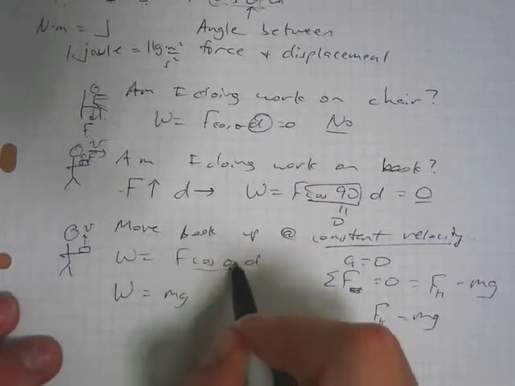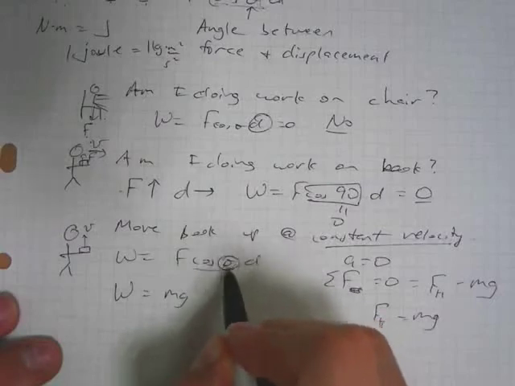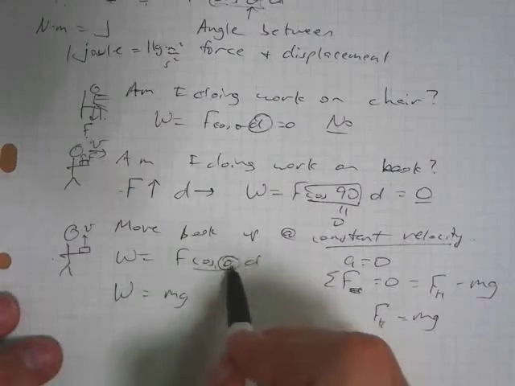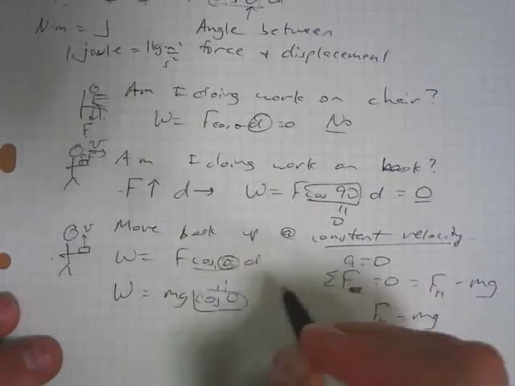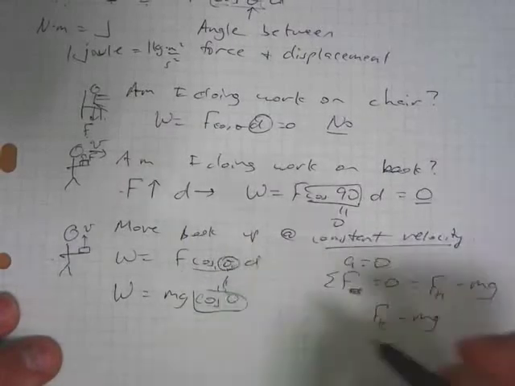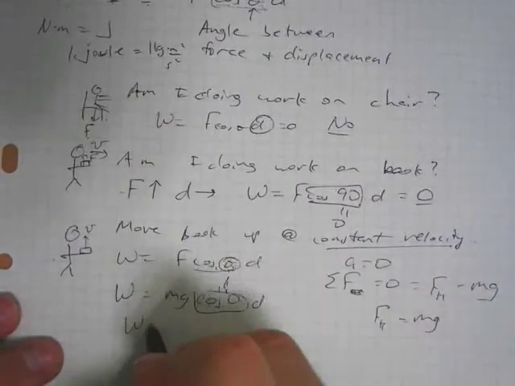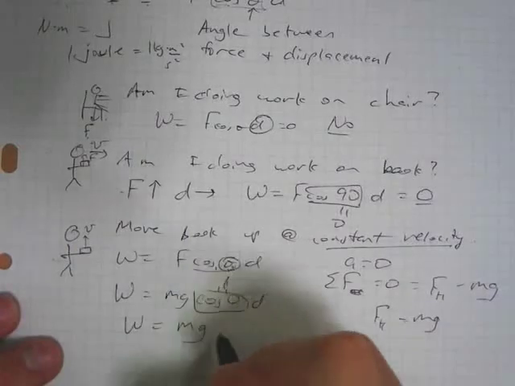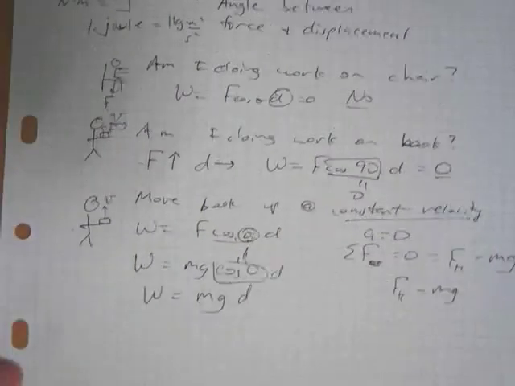Theta, remember, is the angle between the force and the displacement. Force is upward, displacement is also upward, so that's a 0, and cosine 0 is 1. And then d. So the work I'm doing on this book is mass times gravity times whatever that upward distance is.